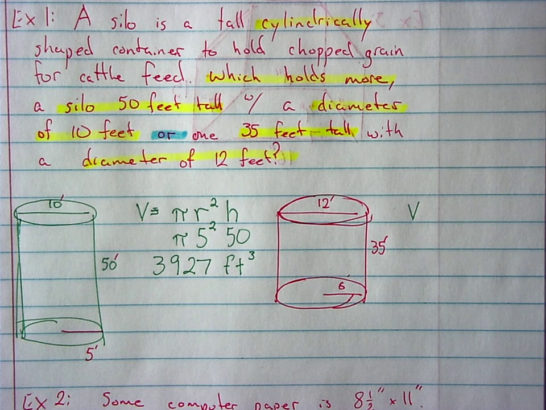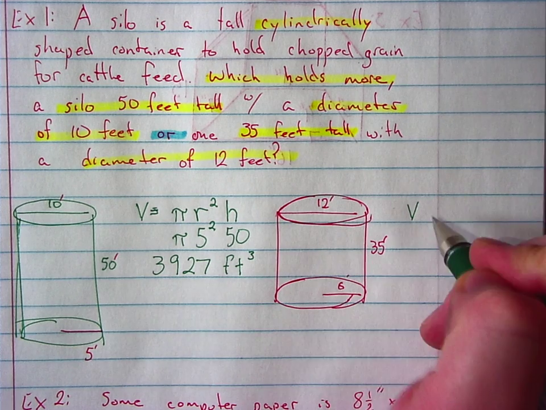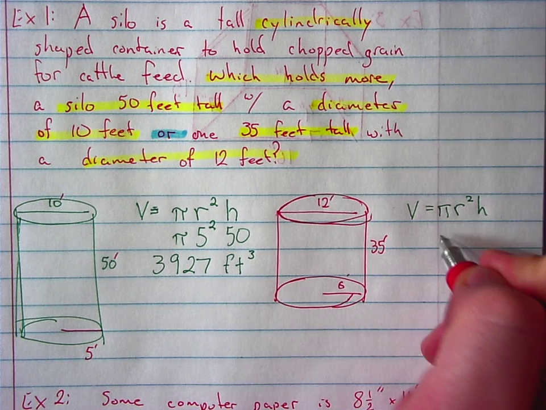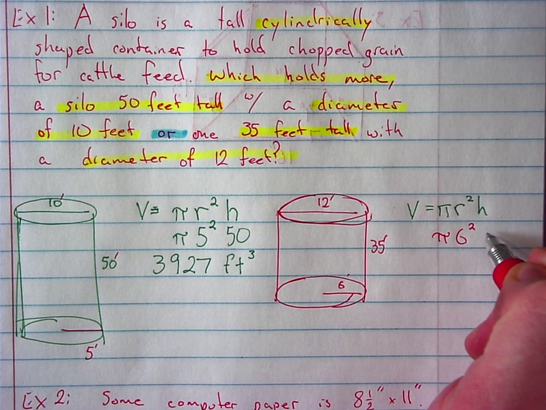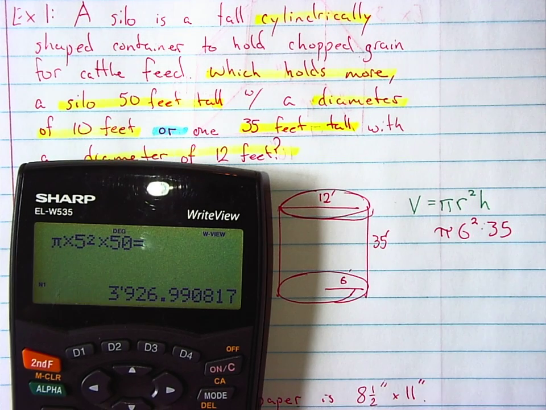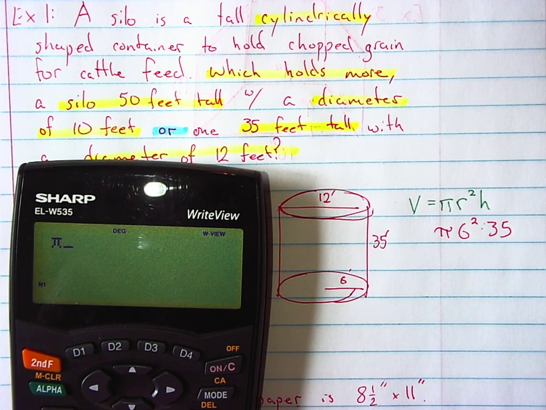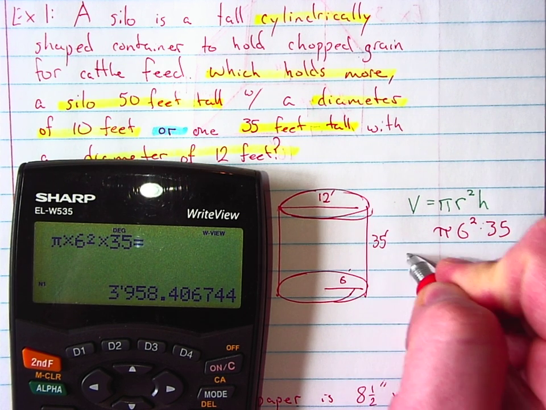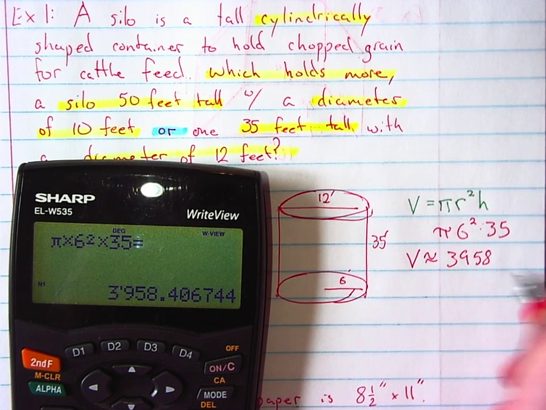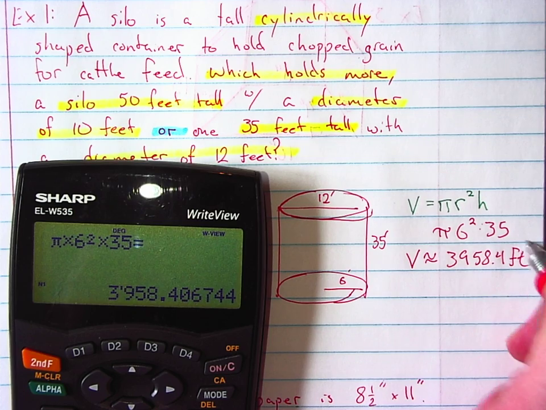Okay, same formula. Pi times 6 squared times 35. Hit change, and approximately 3,958.4 cubic feet.